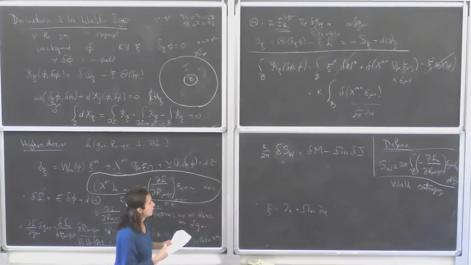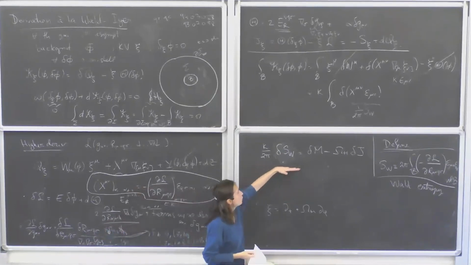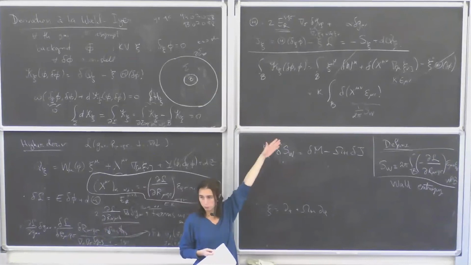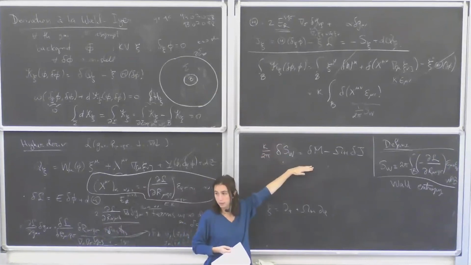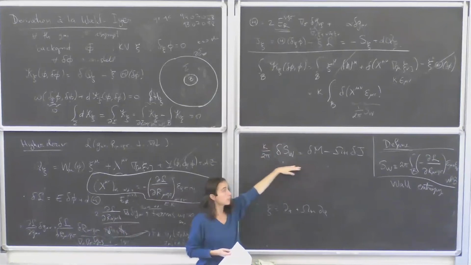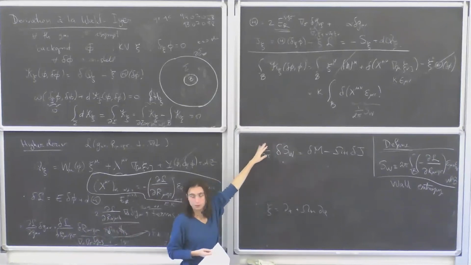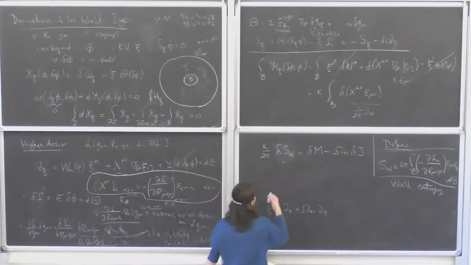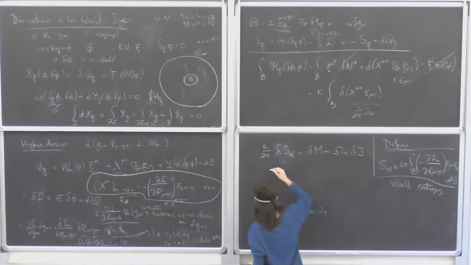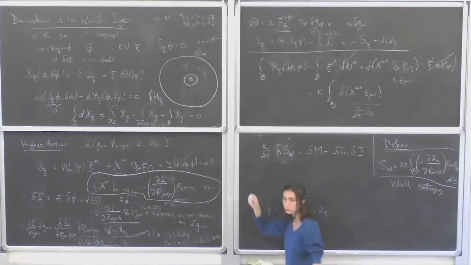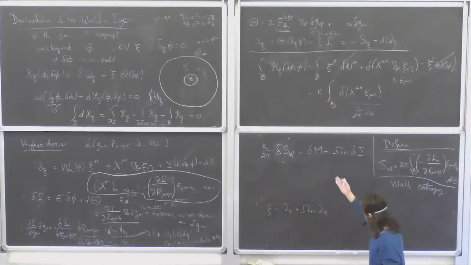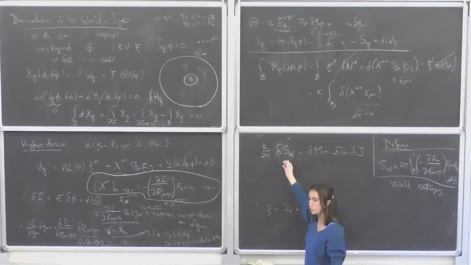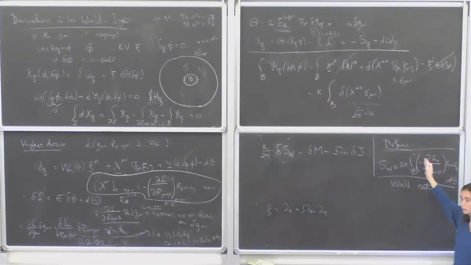And you can prove using on-shellness, so using the Einstein equation, that it satisfies a relationship of this kind, where k is the surface gravity. So this looks like the first law of thermodynamics, with the analogy being again this is the temperature, and this is some sort of entropy. This entropy is not the area over 4G Newton, which is what you get in Einstein gravity, but it's given by this general formula, and you just compute it and you find out what it is.